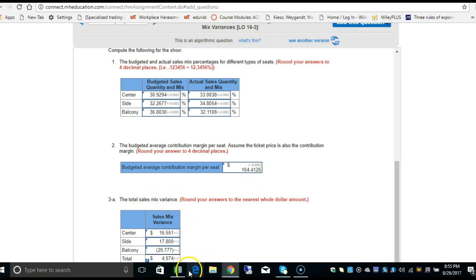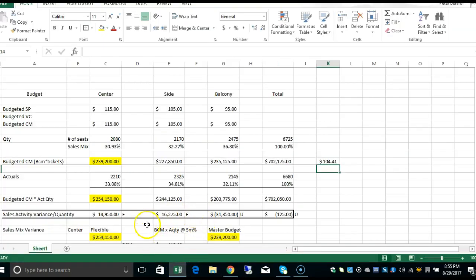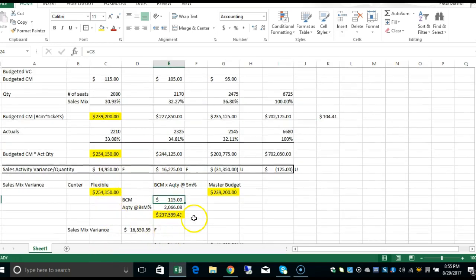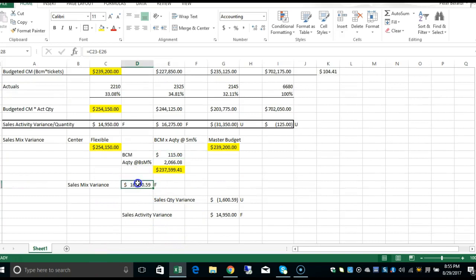Total sales mix variance. So the total sales mix variance, you're going to have to do that for each segment, what we did here. You're going to have to do the same for the side and the balcony.